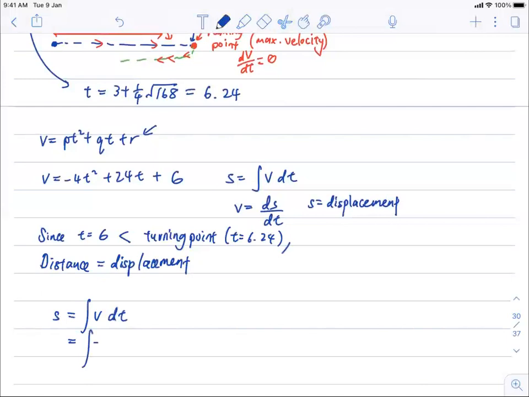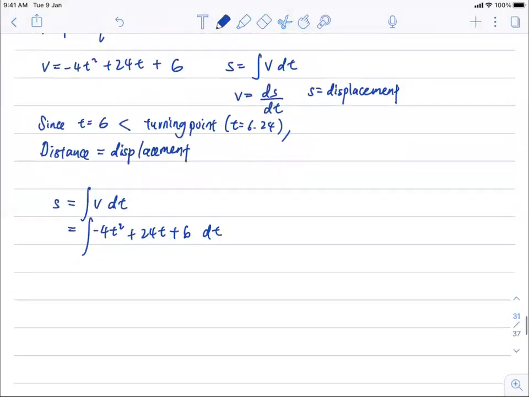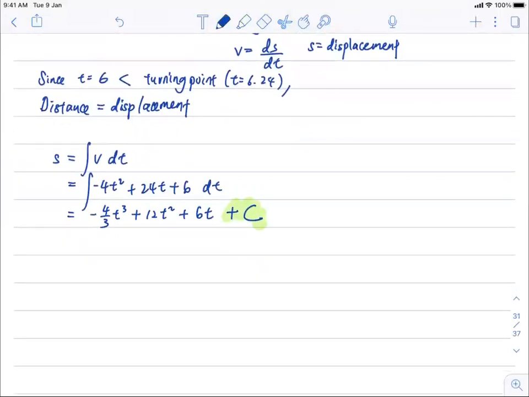V is -4t squared plus 24t plus 6, dt. This becomes -4/3 t cubed plus 12t squared plus 6t. And don't forget plus c, because we did not put any limits over here, so any integration without a limit has a plus c.